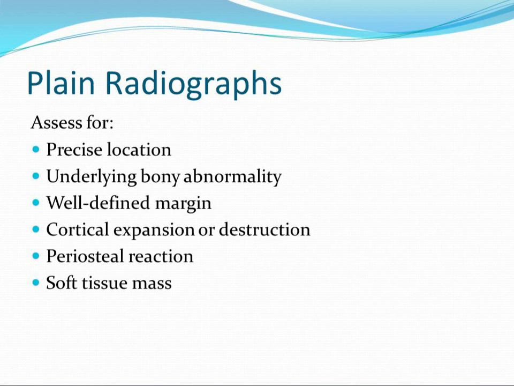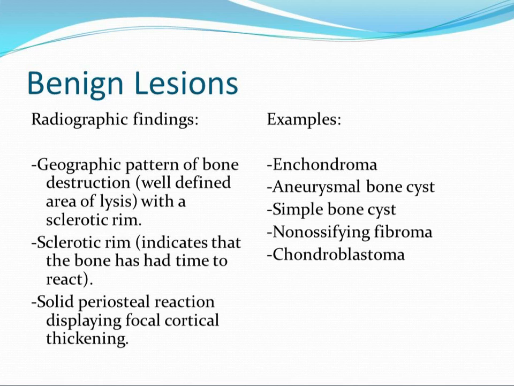Now, the difference between benign and malignant lesions on X-ray. The geographic pattern of bone destruction must be seen very clearly. In benign tumors, it is a well-defined area of bone lysis, a lytic area, with a sclerotic rim surrounded by sclerosis.